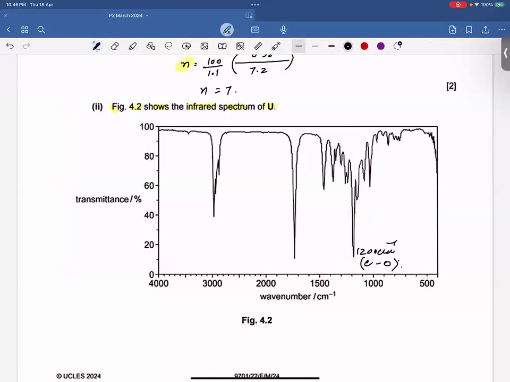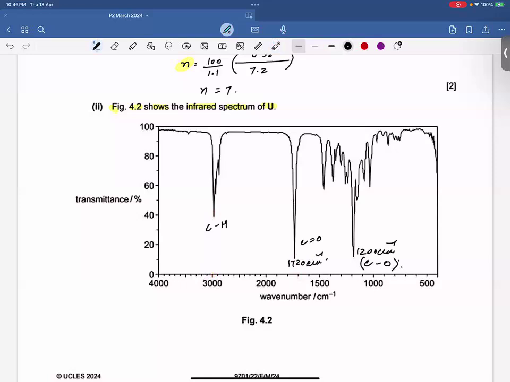All right, this is 1600, 1700, and this peak is approximately 1720. If this peak appears at 1720 cm⁻¹, it's going to be a carbonyl group, which is C=O. Now this peak appears at 3000 cm⁻¹ according to my lecture.